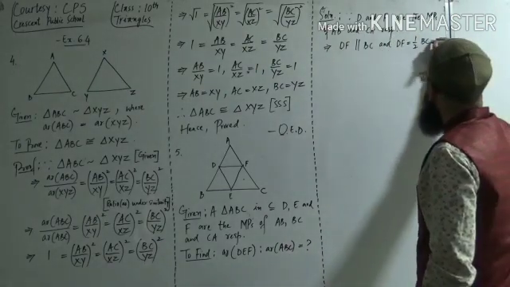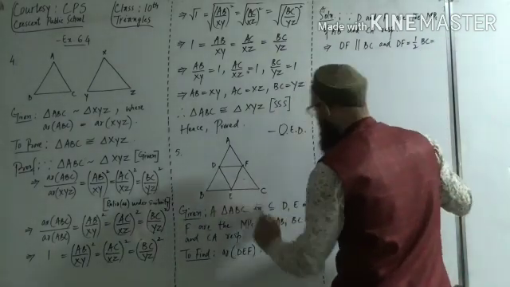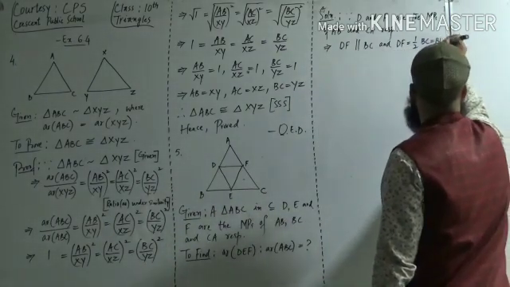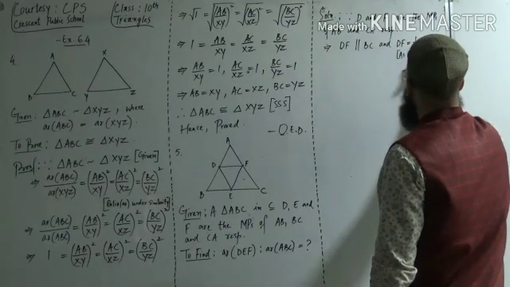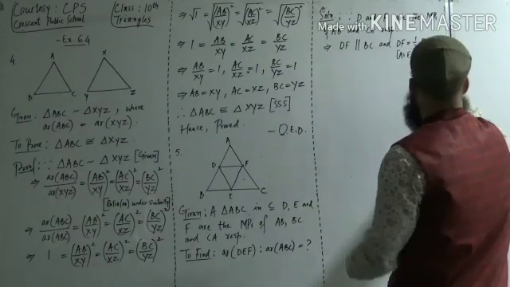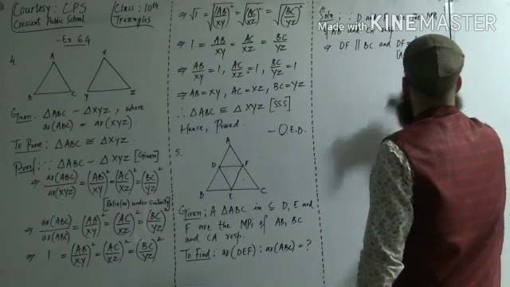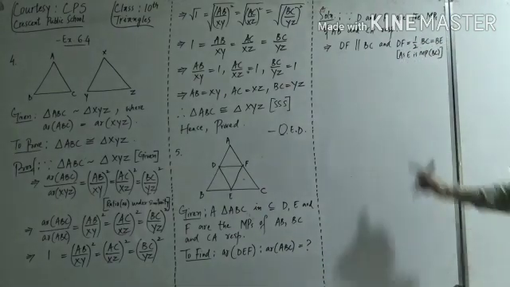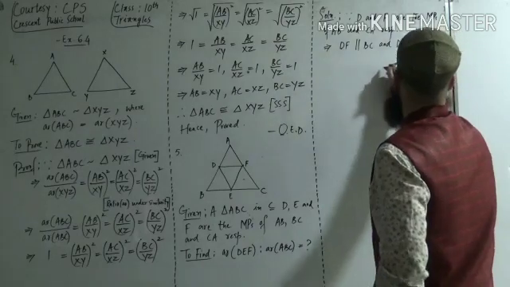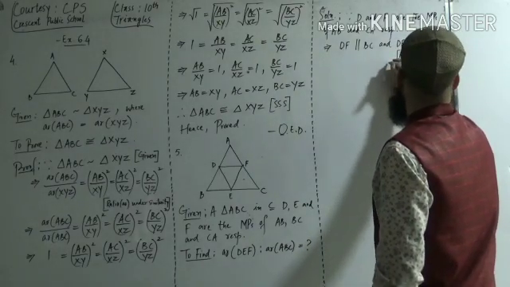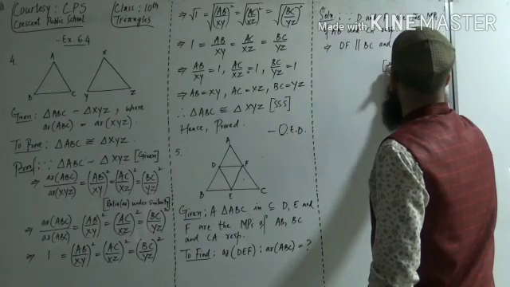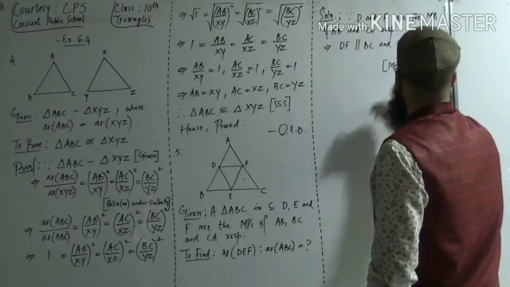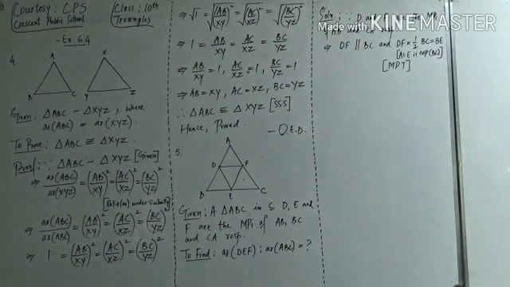And half of BC is nothing but BE, as E is the midpoint of BC. The reason for this is MPT, the midpoint theorem.